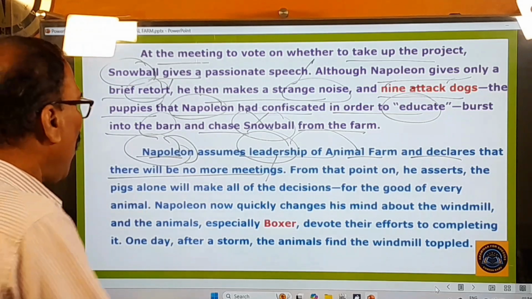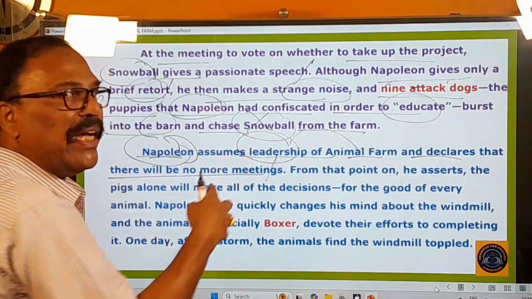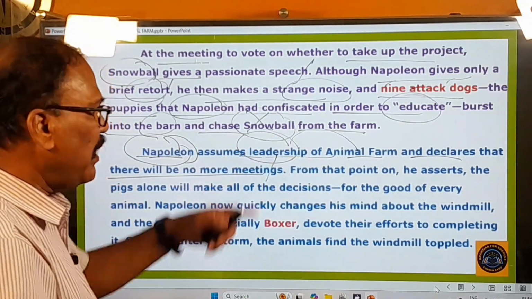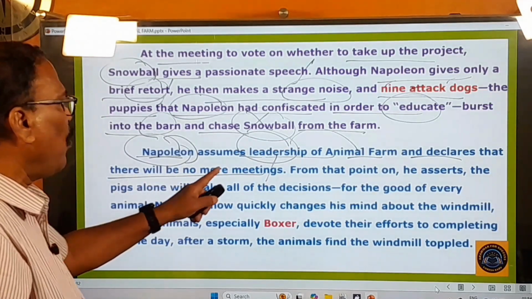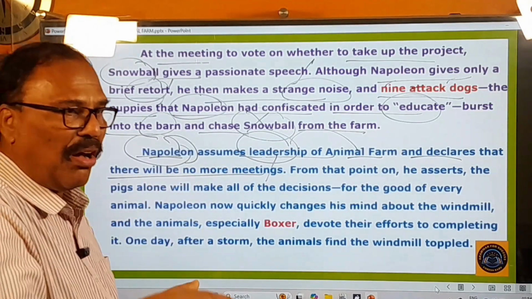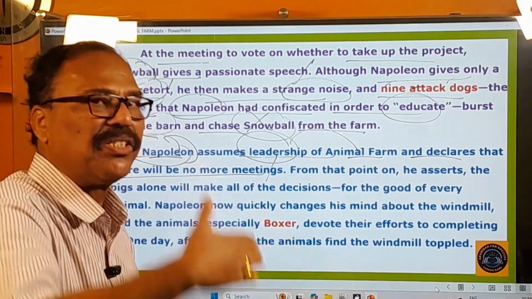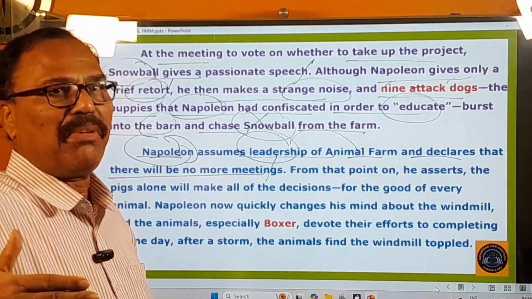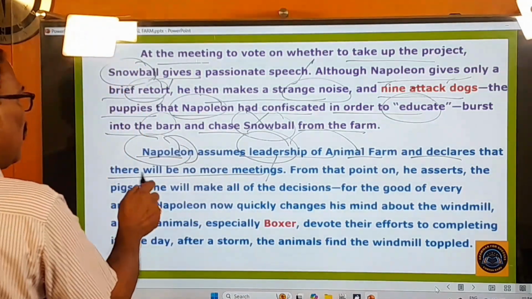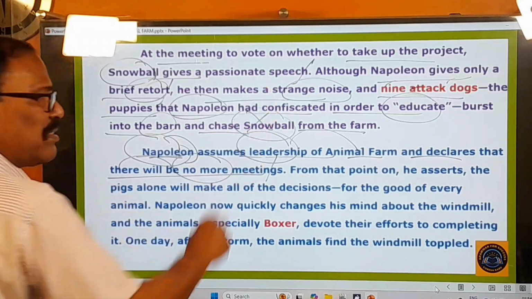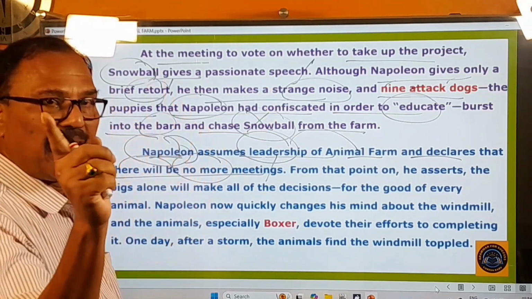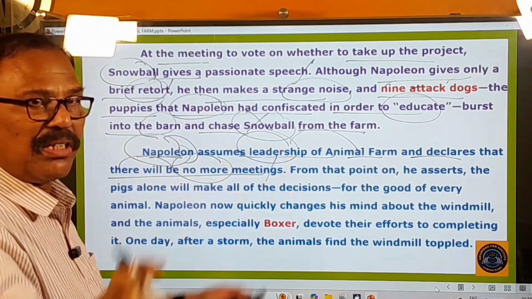Soon after he takes up the leadership, he declares that there will be no more meetings. He has started ruling the animal farm oppressively. No more meetings will be conducted on this animal farm.